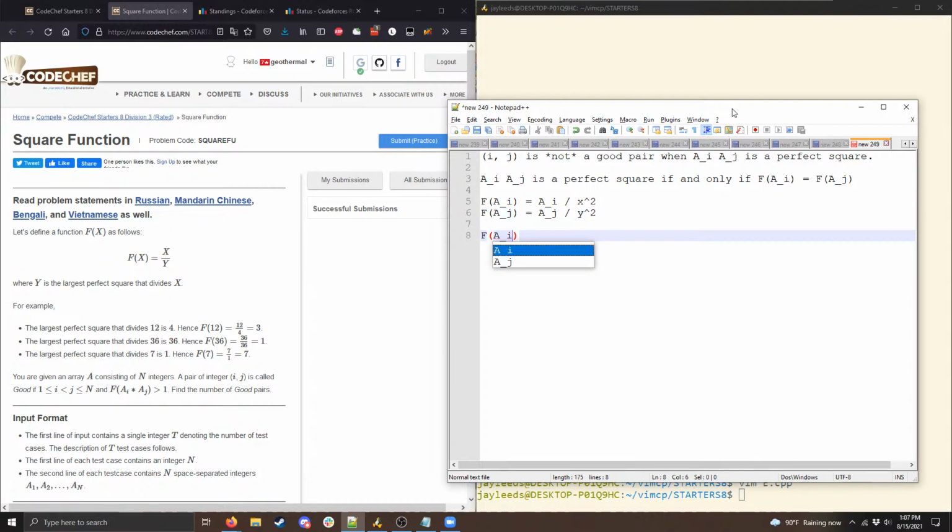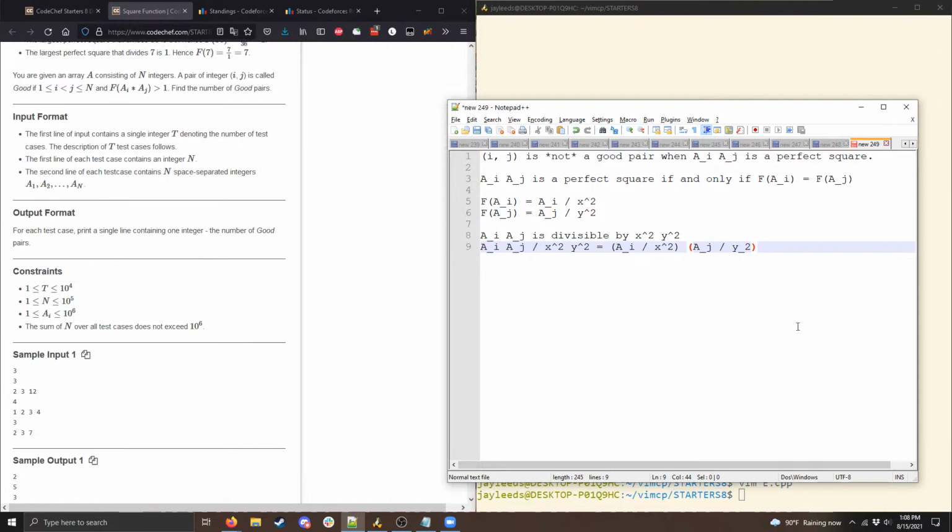Then a sub i, a sub j is divisible by x squared y squared, because a sub i, a sub j divided by x squared y squared, I know there should be parentheses here, but I'm lazy, is going to equal a sub i over x squared times a sub j over y squared. And if those two things are the same, then this is going to be a perfect square. And otherwise, we can show that it's not going to be a perfect square.